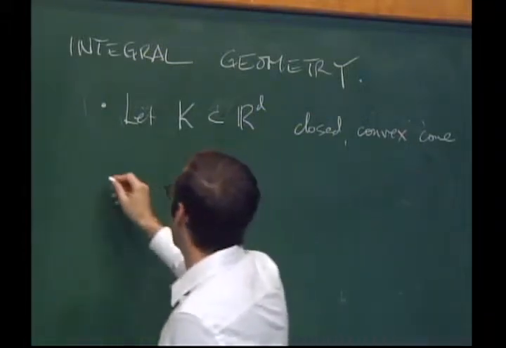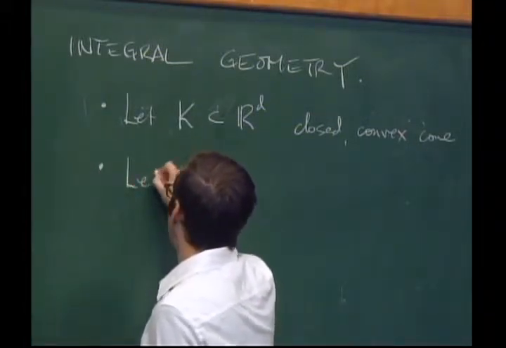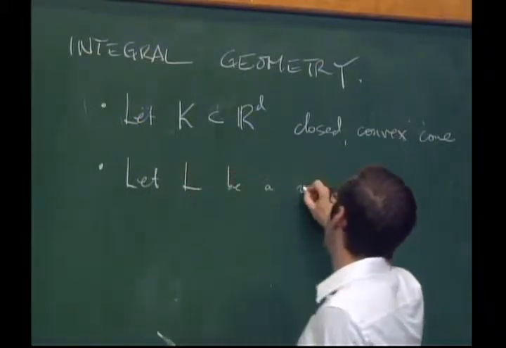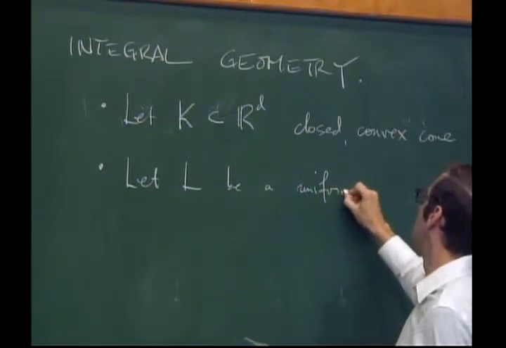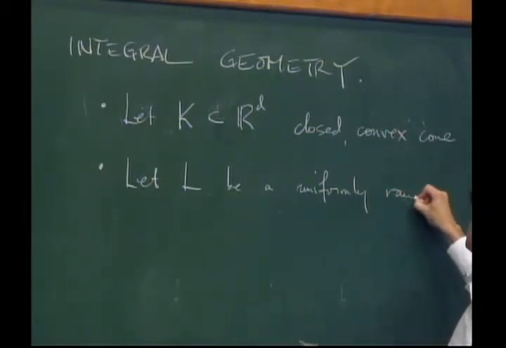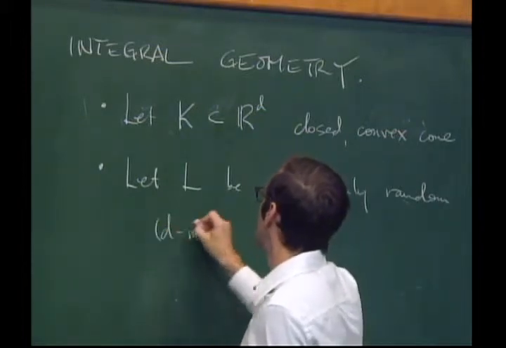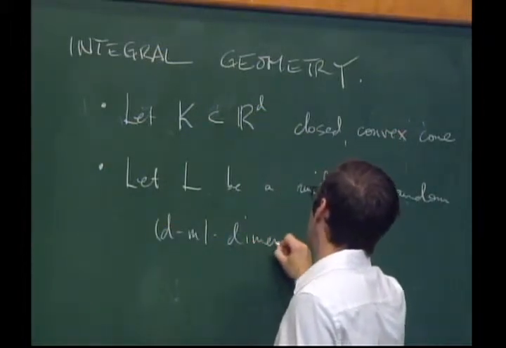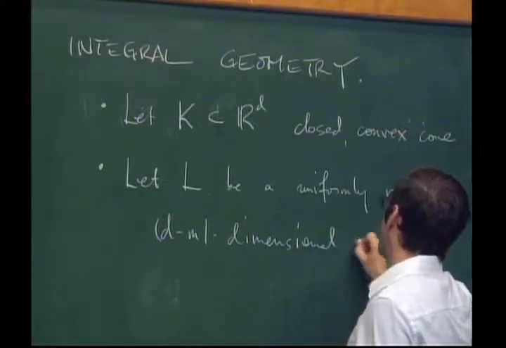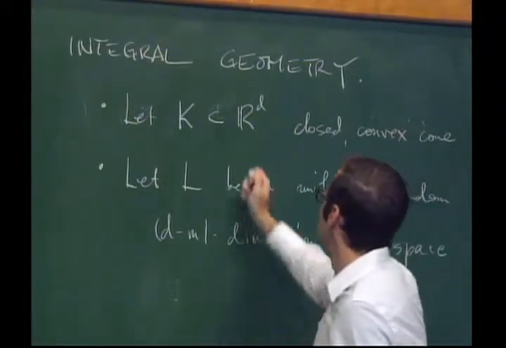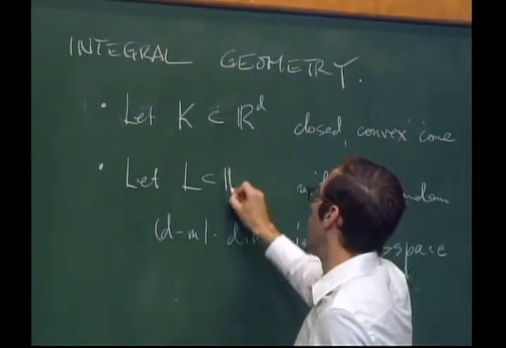Second, we're going to let L be a uniformly random d minus m dimensional subspace of R^d.